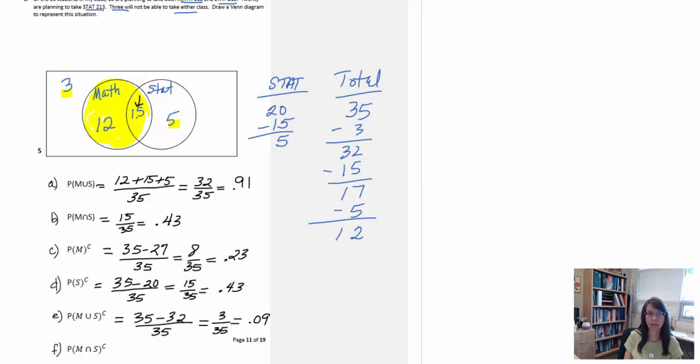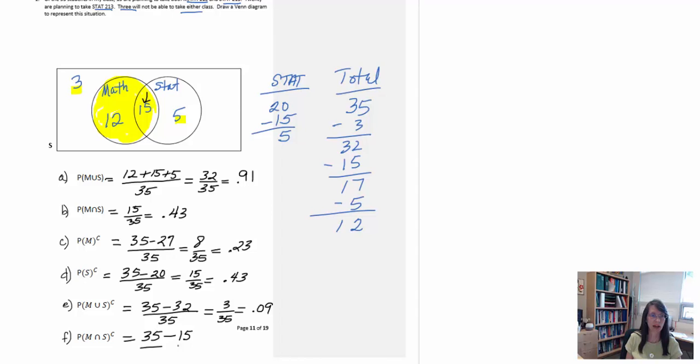We want all of the students, but not these. So that means we're starting with all of our students. We're taking away the intersection of 15 divided by the total number of students. So 35 minus 15 would leave us 20 out of the 35. And 20 divided by 35 leaves us 0.57.